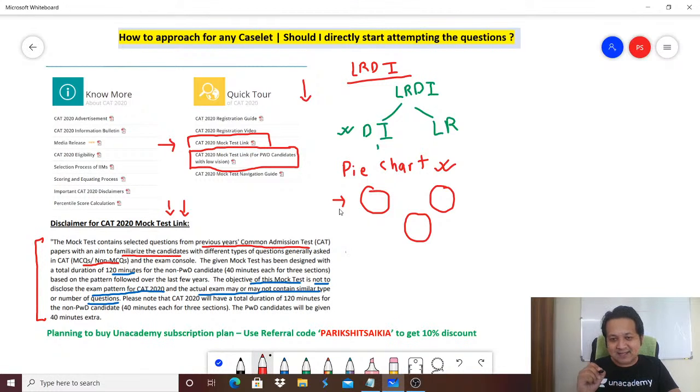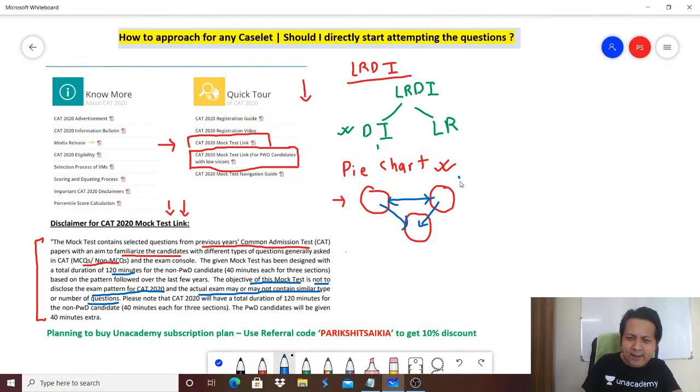And once you understand, definitely you need to relate the 3 pie charts. You need to understand the relation of the 3 pie charts with each other, because obviously they cannot be in isolation. If it's one set, there has to be some sort of relationship.